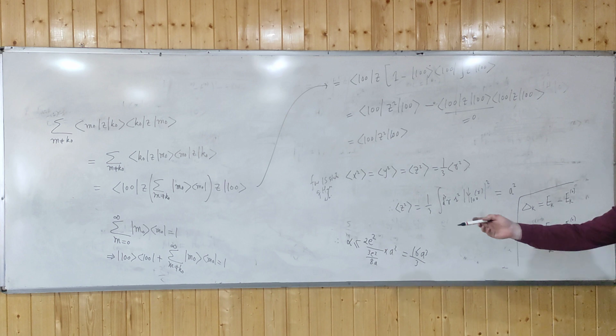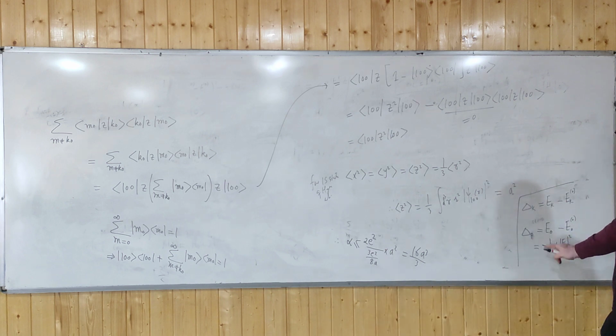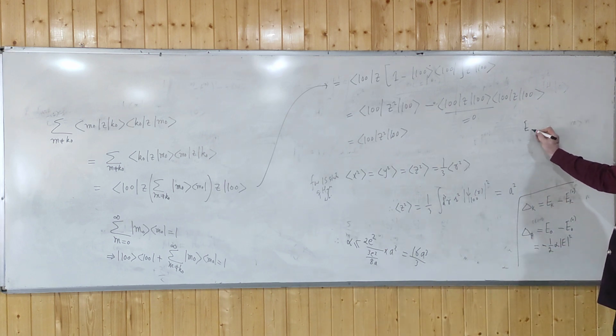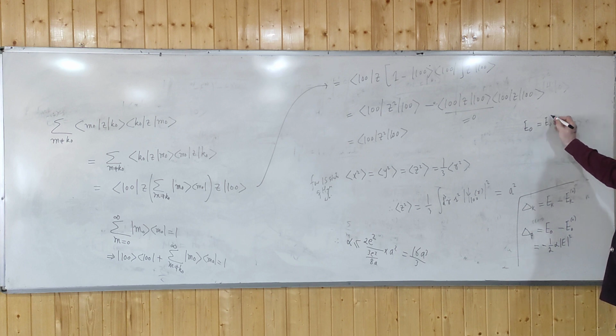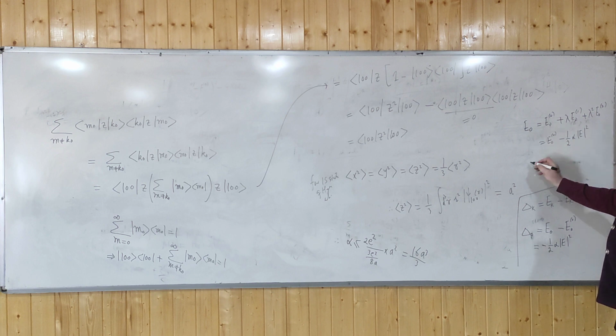Now what is E0? You have E0 equal to E0 of 0 plus lambda E01 plus lambda squared E02. Clear? So what is this thing? E0, 0 is 0, and when we put lambda equal to 1, this is minus 1 by 2 alpha magnitude of E squared. Clear? So what is that therefore? Delta 0, the difference between the two.